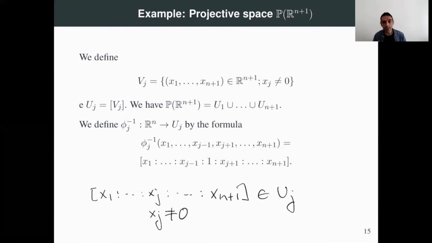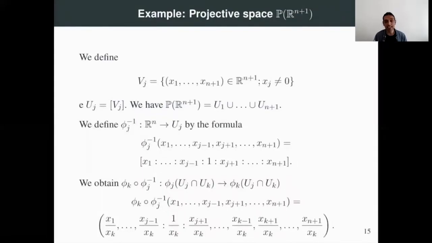And what we do is send this vector to this class. This class is going to be in U_j because the jth component is different than 0. And every class in U_j is of that form. So this map over here is a bijection between R to the power n and U_j.